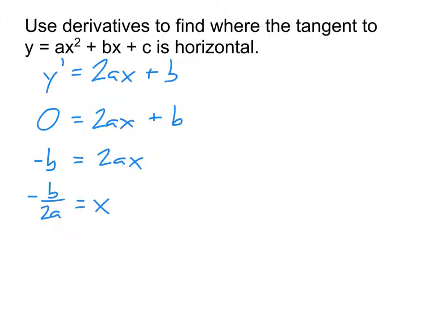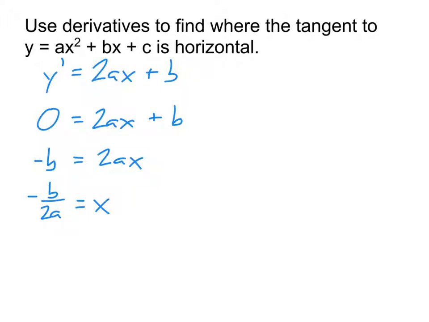Because you may recall back in the day when you were learning quadratics, Algebra 2 specifically, you were given this general equation and told, hey, if you want to find the vertex of a quadratic, there's this cool little formula, x equals negative b over 2a. And it tells you the x coordinate of the vertex.